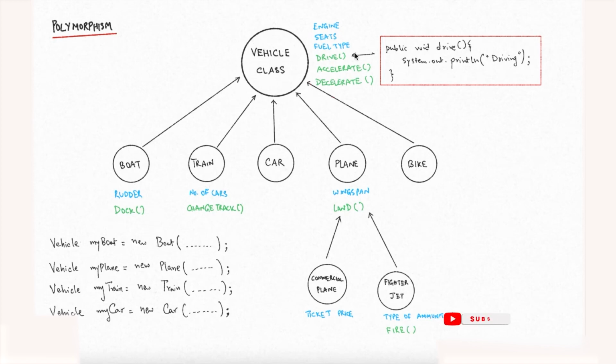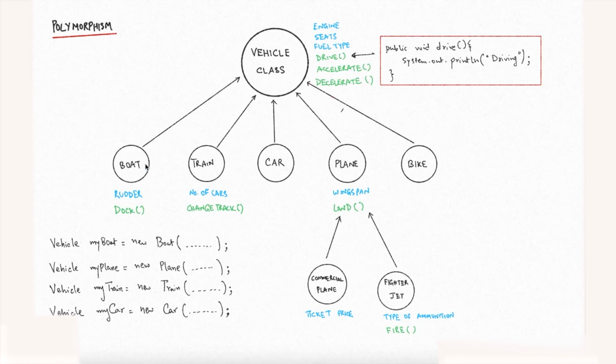And when it accesses the method, it goes here and just prints out the word driving. If we do the same for myPlane, we would say myPlane.drive, and that would also give us the same result. So for each and every one of these objects, whenever we call the drive method, we just get this result, driving. The word driving is printed in the output console.